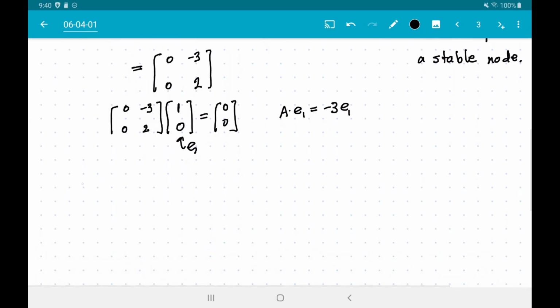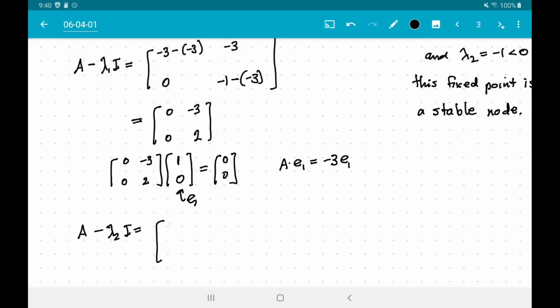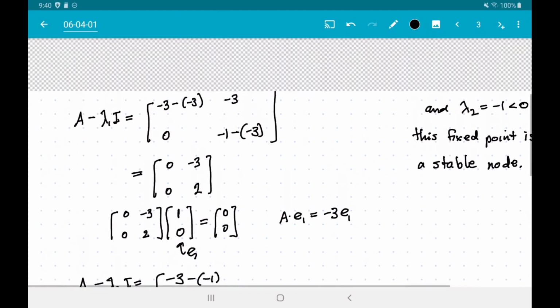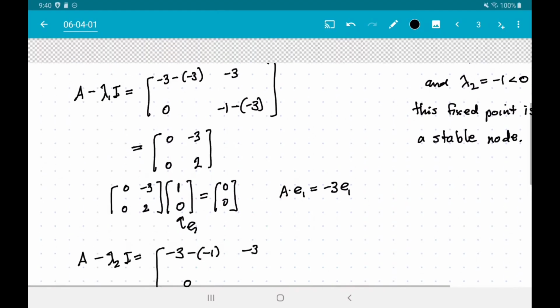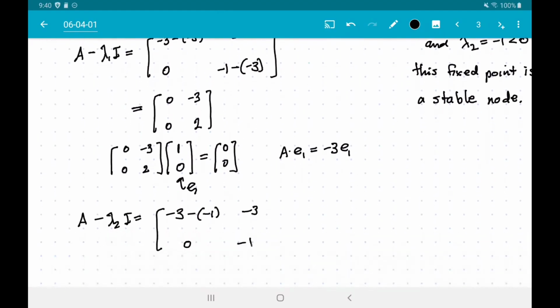Okay. A minus lambda 2I. So this will be -3 minus -1. I want to be sure I'm doing this right. 0 here, -3 here, and then -1 minus -1.